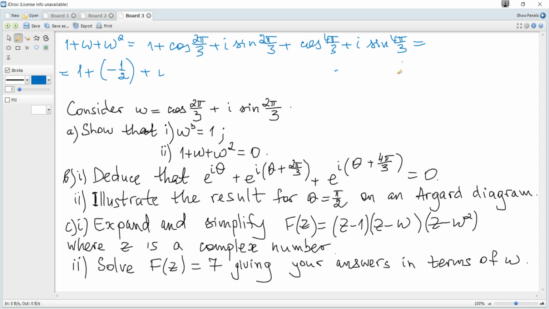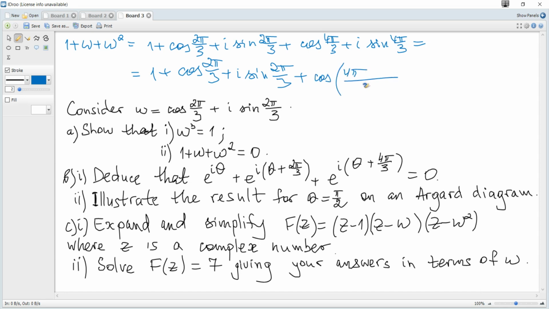If we subtract the period, we get the next: 1 plus cosine of 2 pi over 3 plus i sine of 2 pi over 3 plus cosine of 4 pi over 3 minus 6 pi over 3. So we just subtract one period and it's the same. So we get cosine of negative 2 pi over 3 plus i sine of negative 2 pi over 3.